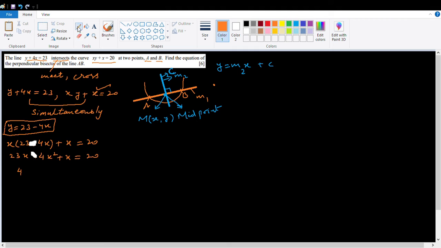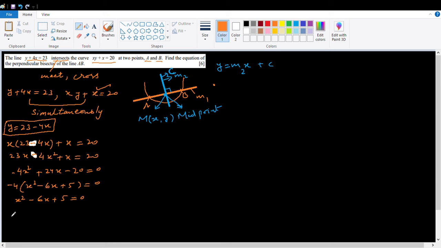It will be minus 4x square plus 24x minus 20 is equal to 0. Then take minus 4 common, and you will get x square minus 6x plus 5 equals to 0.